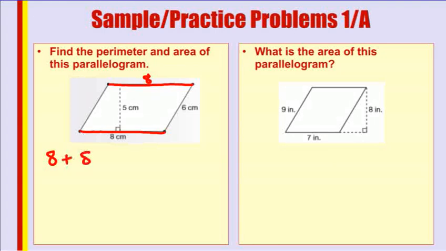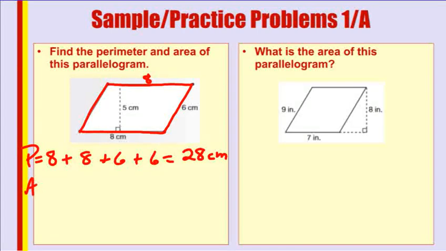So we have 8 plus 8. This side piece is 6. That means this other side is going to be 6. So if we add them all up together, 16 plus 12 would give us 28. And this would be 28 centimeters. So this will be our perimeter.